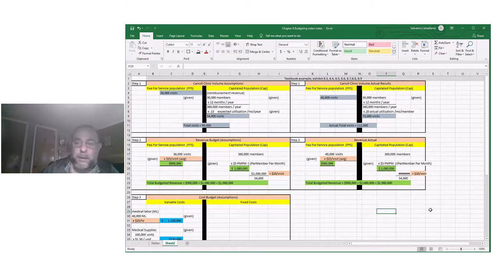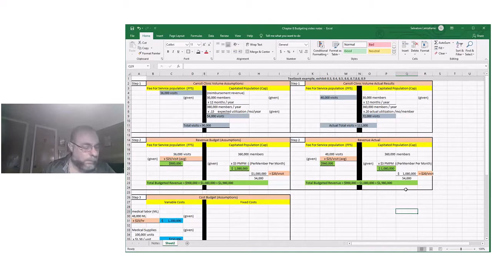And from a capitated population, we still got 360,000 times the 3, which is 1,080,000, but now we're going to divide by 72,000 visits, and that'll turn out to be $15 a visit.